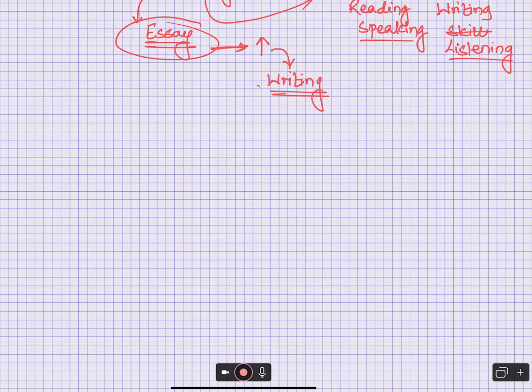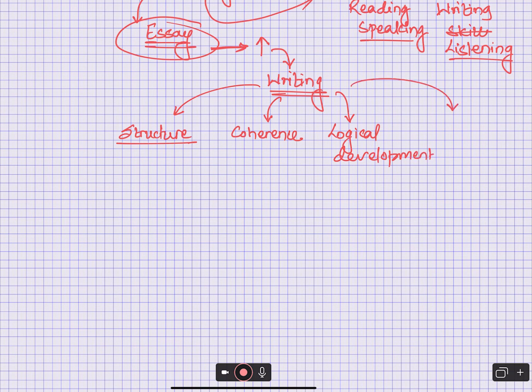Those 4 important things are, first is structure, and I will explain all of these items one by one. Second is something we call coherence. Third is what we call logical development, and fourth is linguistic resources.